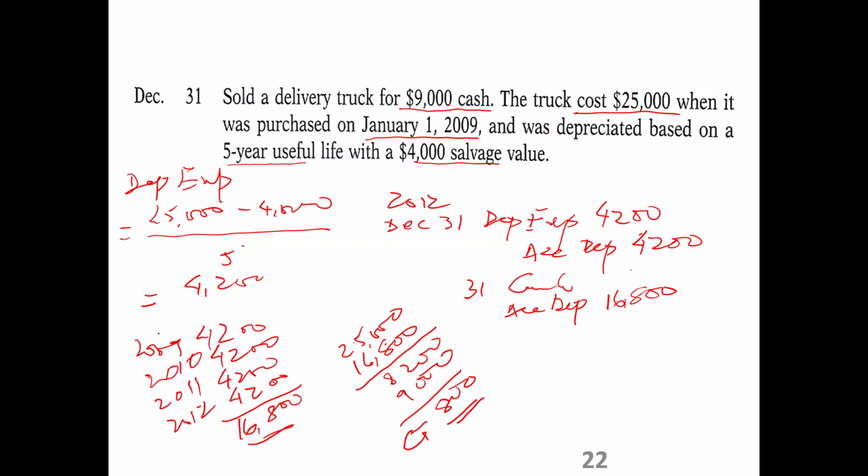Let me correct it. Okay, and then we have gain of 800. Then we have machinery credited by 25,000, total 25,800, and that is 25,800 debit.